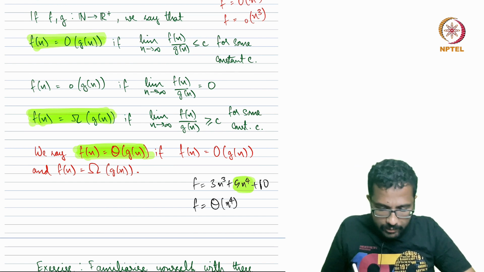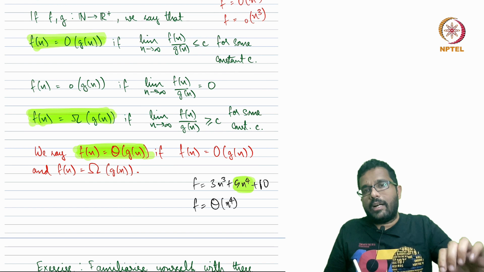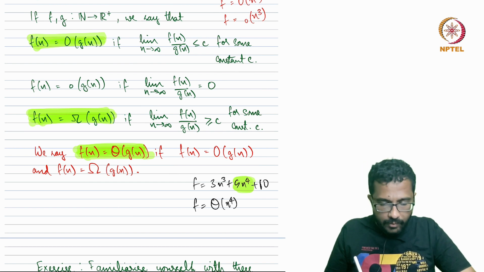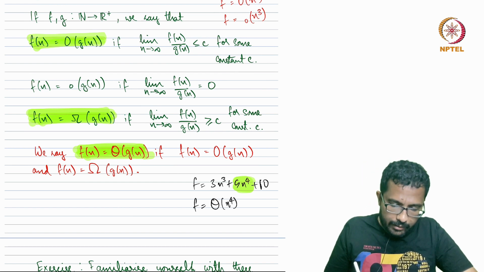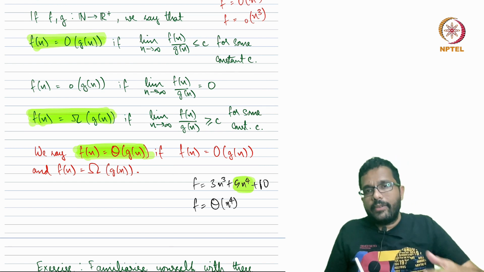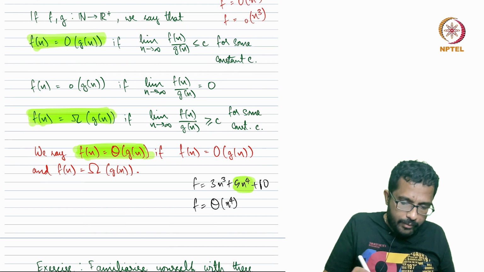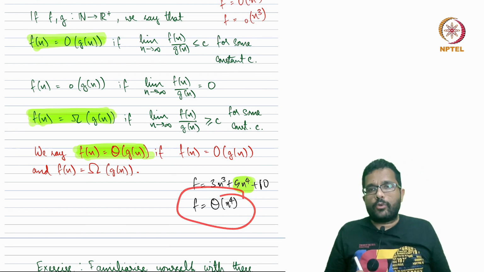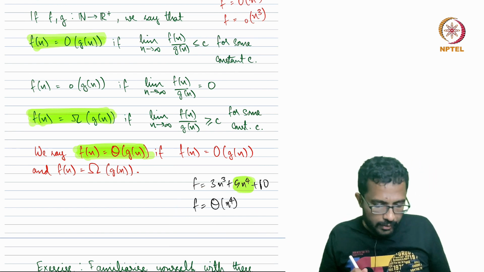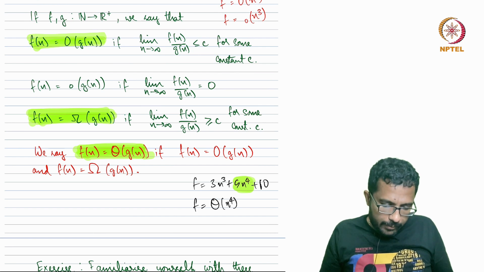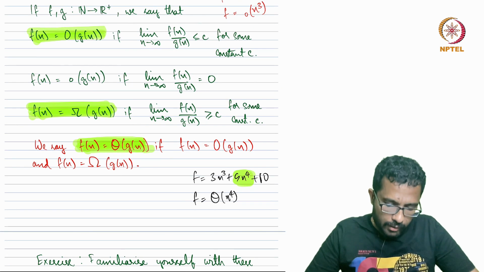So this dictates how f grows. So the way f grows will be very similar to how n power 4 grows. Okay, so this is the theta notation.